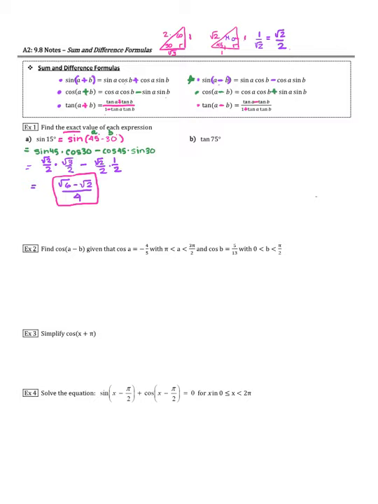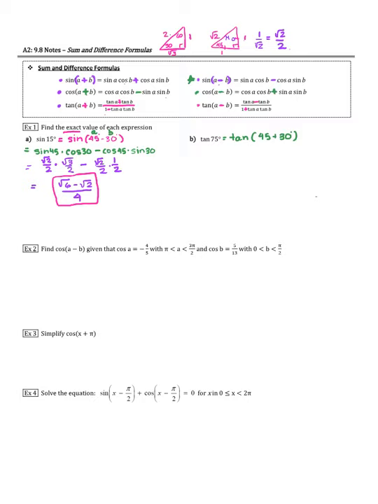So let's do a tangent one, because this is going to require a little more algebra in the process. And again, there are many different ways you can get to 75, either through addition or subtraction. I'm going to use the same values and rewrite 75 now as 45 plus 30.